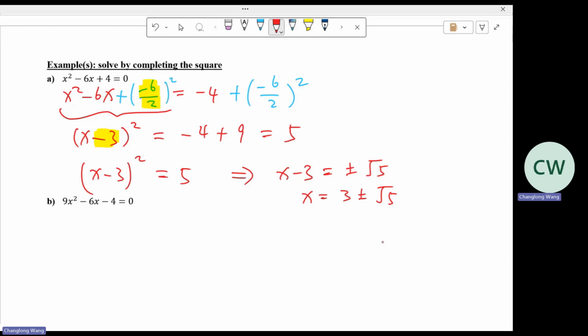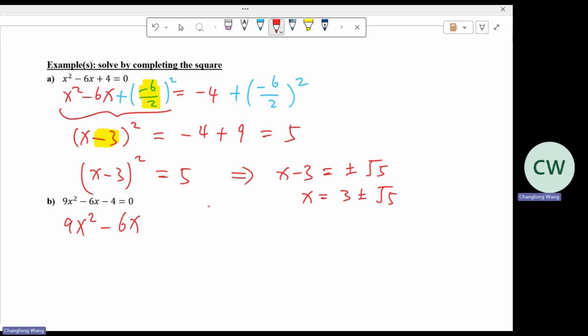Now, how about we do letter B? And we'll try to work it out almost the same way as letter A. But we do have to deal with that fact of 9, right? So again, I'm still going to start with just the quadratic term and a linear term.